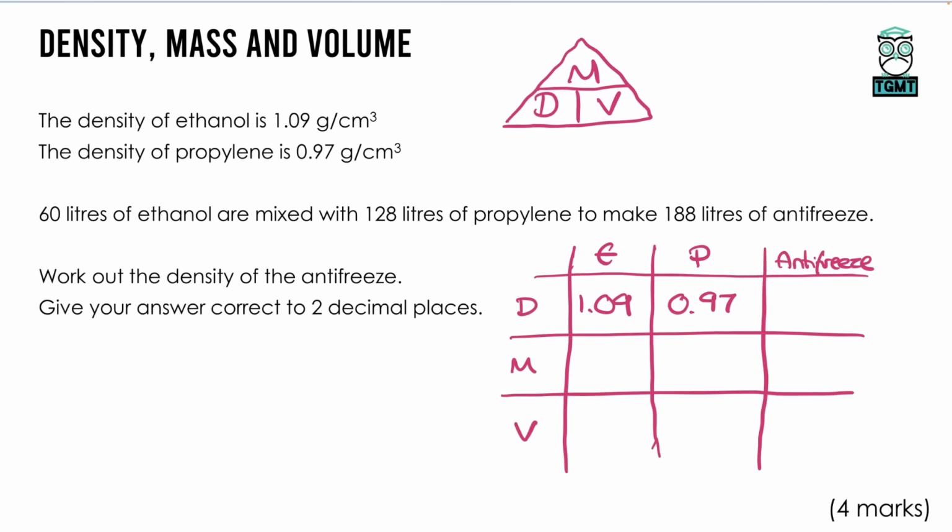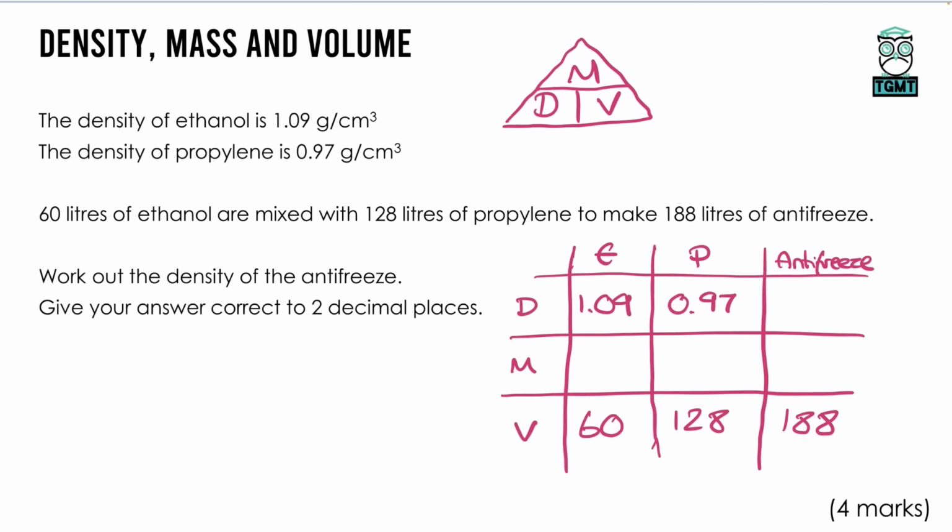But here we have 60 litres for the ethanol and 128 litres for the propylene, and in total that makes 188 litres. So there we go. Overall, that is all the information that we have been given. Now we want to actually work out the mass of each.